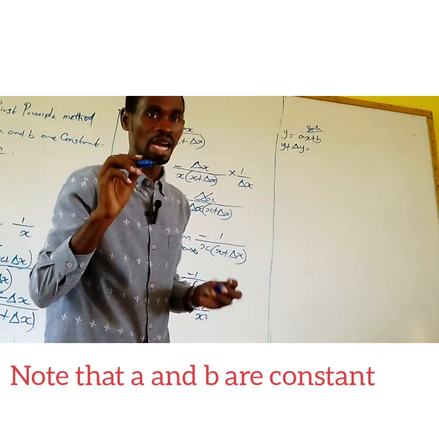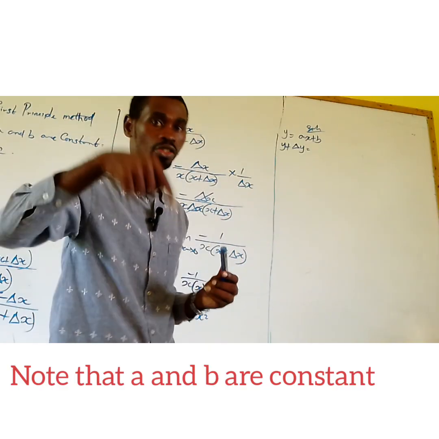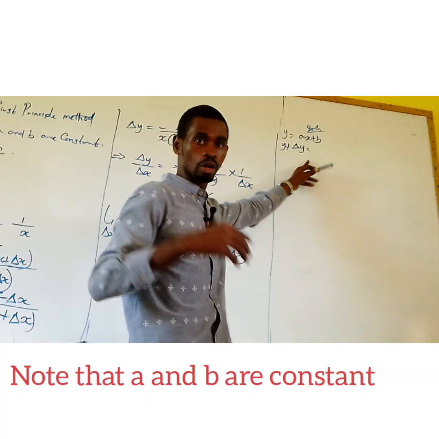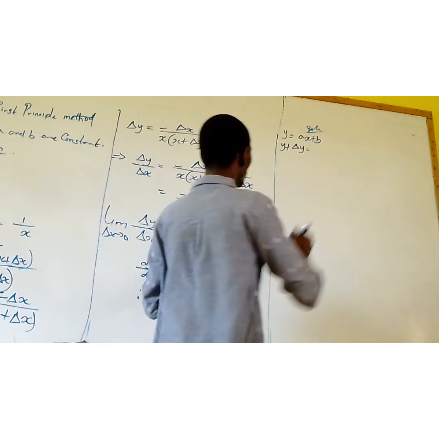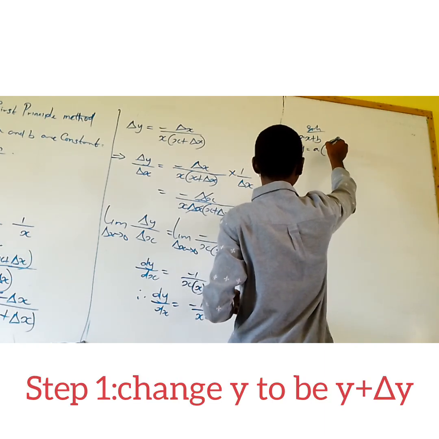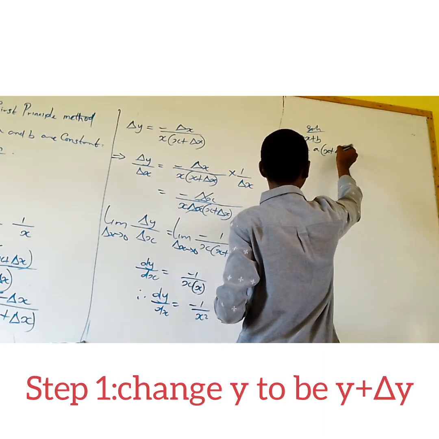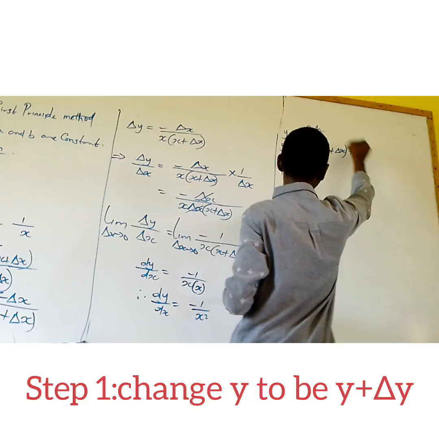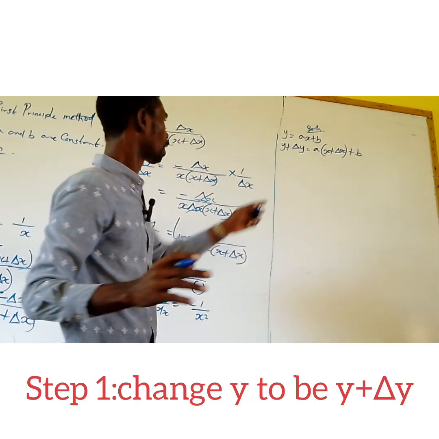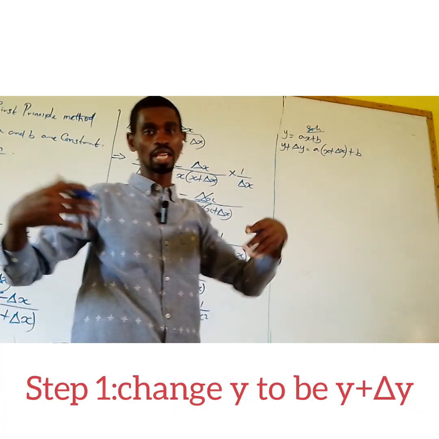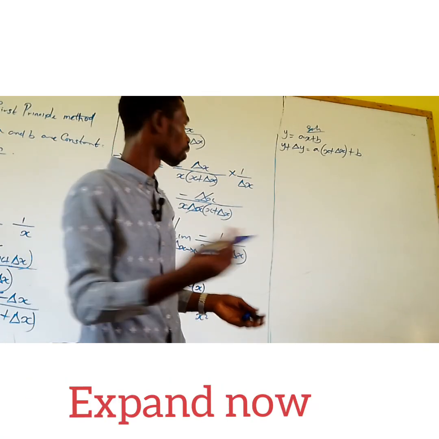Since a and b are constants, x is the only variable we are looking at here, because a and b are not variables, they are constants according to what we are given here. So this is now a into x plus change in x plus b. They are constant values. So that is why we are only replacing x with x plus change in x.